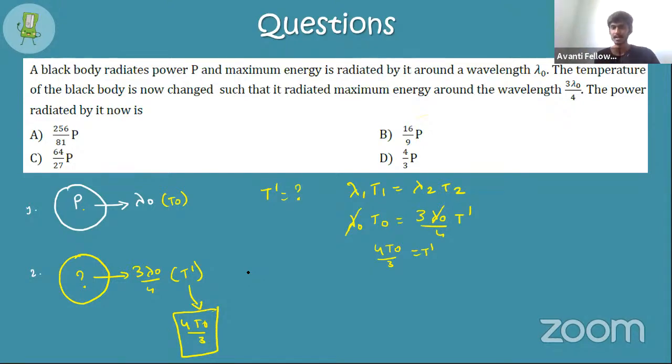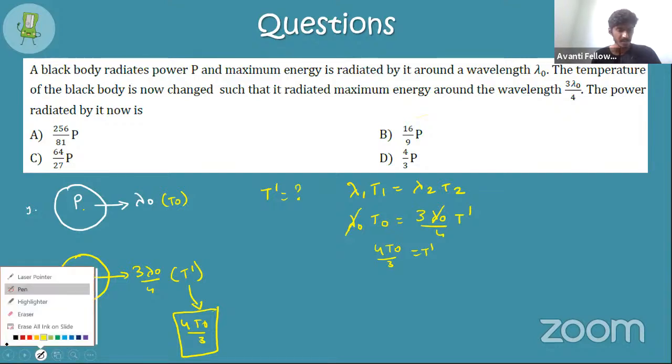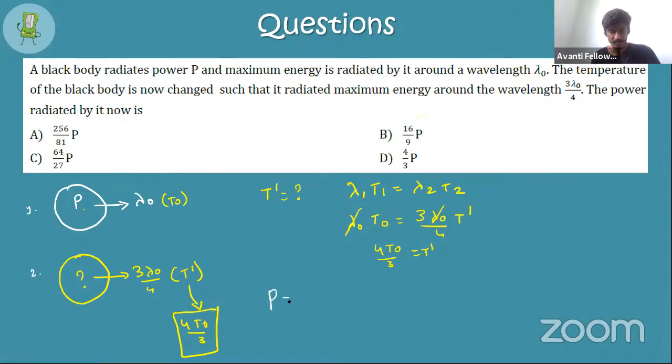Now that we have the temperature, we can easily get the power, right? Power is equal to sigma E T to the power of 4, so P dash will be equal to sigma E T dash to the power of 4. I have to write the new temperature. Let me write sigma as it is, E as it is. The new temperature is 4 by 3 T naught, to the power of 4.